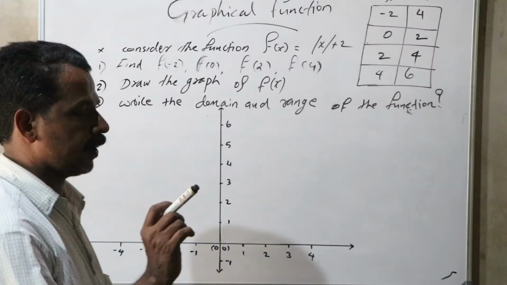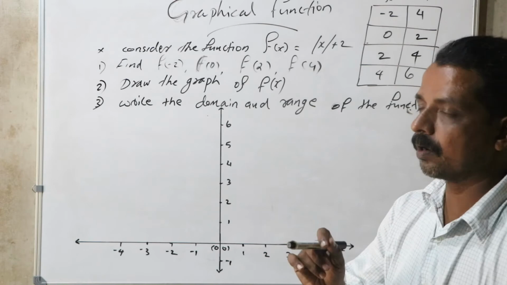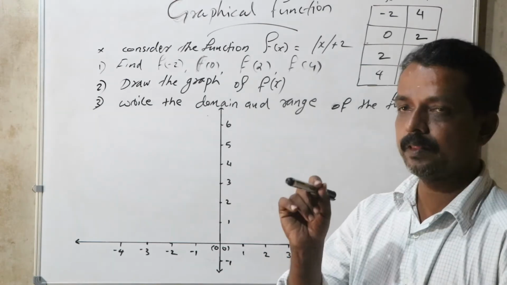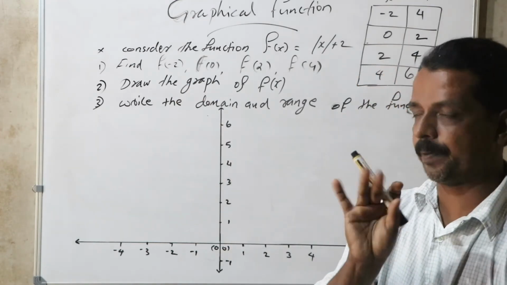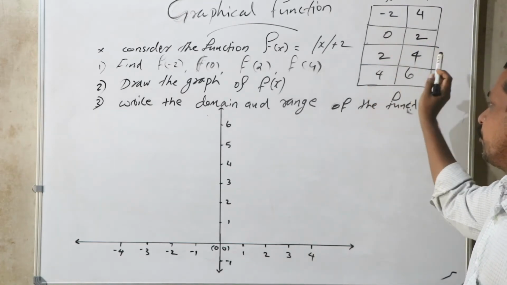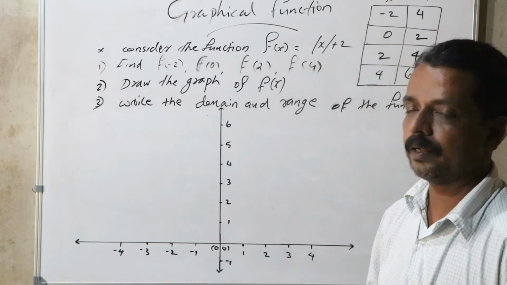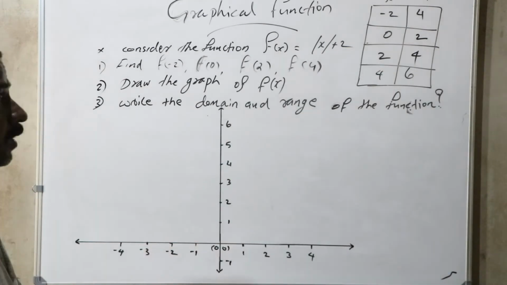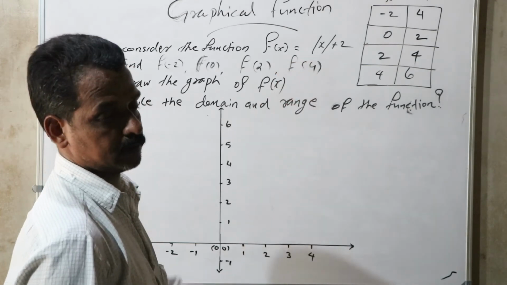Okay. To draw the graph of f of x, we need 4 or 5 ordered pairs. Here the first sub question gives 4 pairs: minus 2, 4; 0, 2; 2, 4; 4, 6. Next we draw the x axis and y axis. Then we must find the point minus 2, 4.